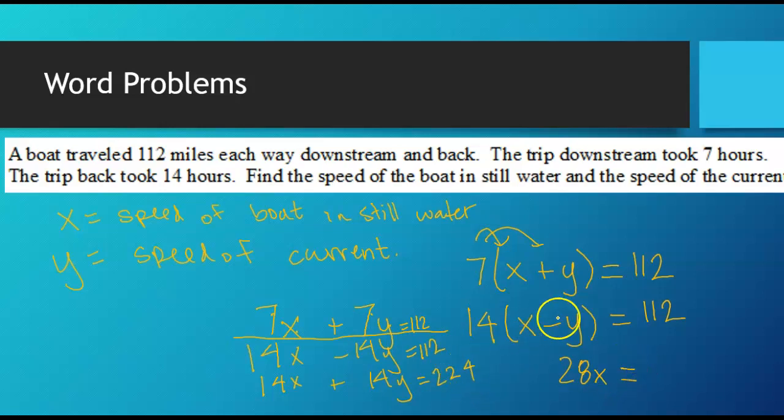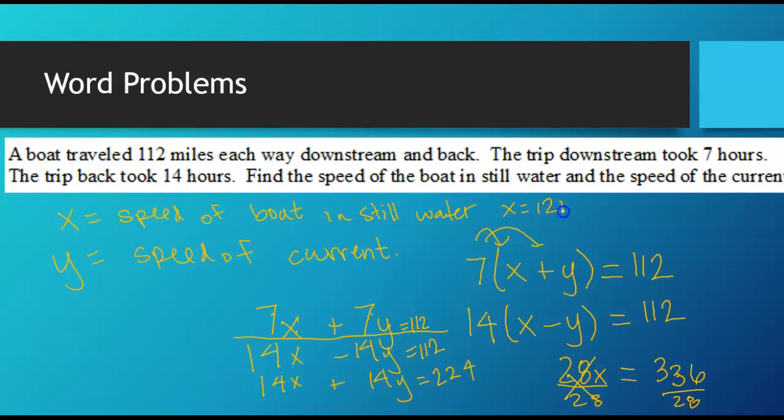And then 112 and 224 would give me 336. If I divide both sides by 28, I'm going to grab my calculator really quickly. 336 divided by 28 is equal to 12.